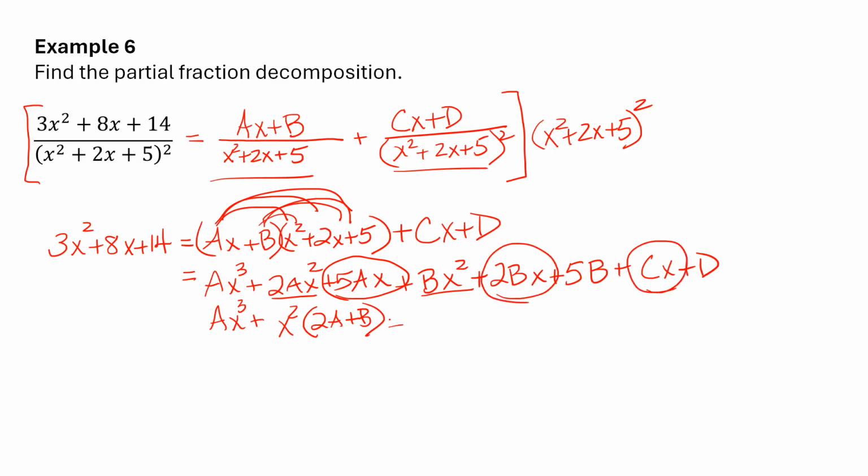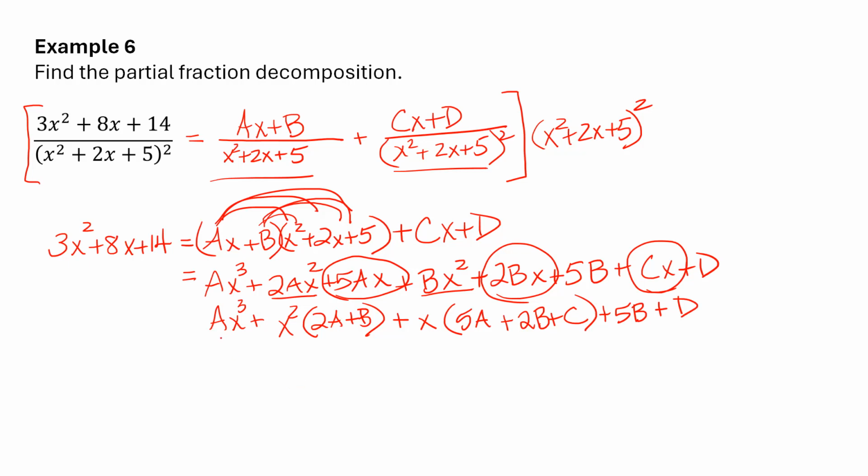So if I factor out the x from those 3 things, that's 5a plus 2b plus c. Then I have some constant terms. I have 5b and d, so plus 5b plus d.